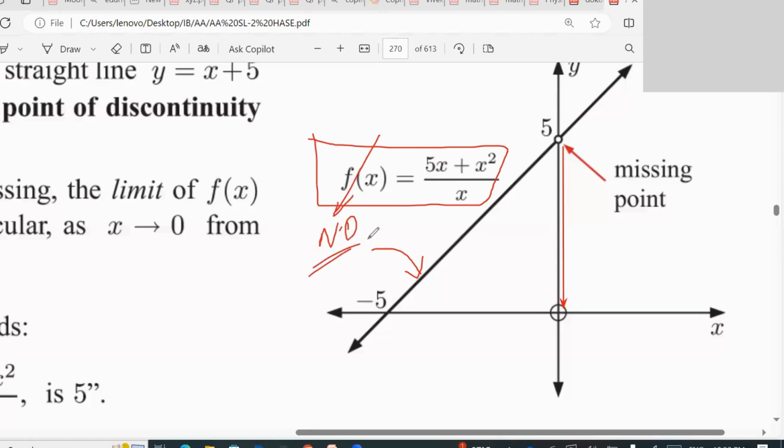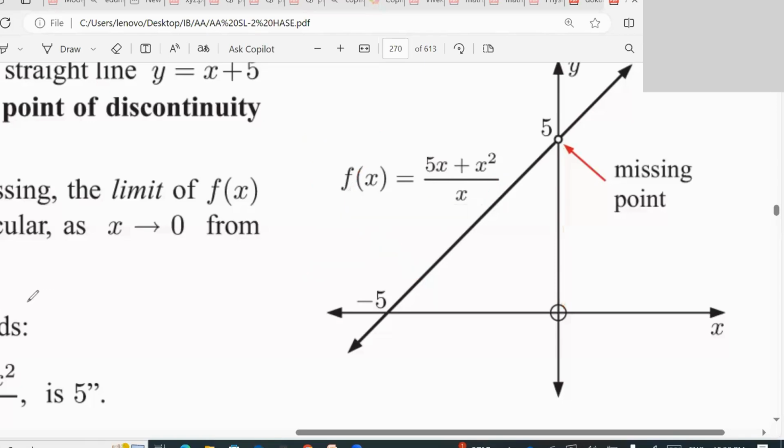And that is why when a mathematician draws this curve, they will put a hole over here, which means that this curve is defined everywhere except x is equal to 0. So you can see 5 written over here, but x is hollow, so no x can be defined over here.